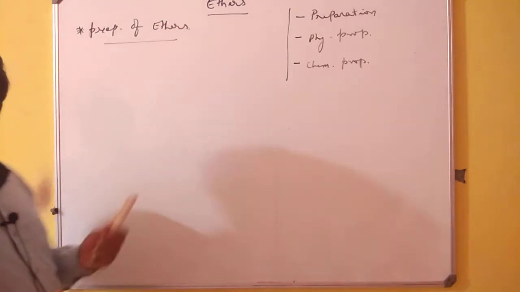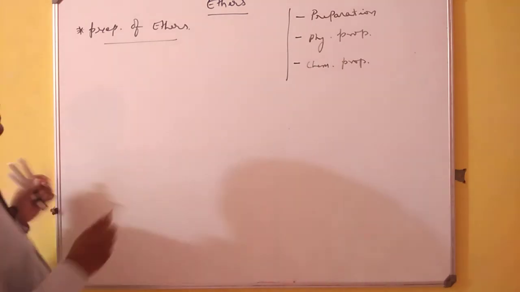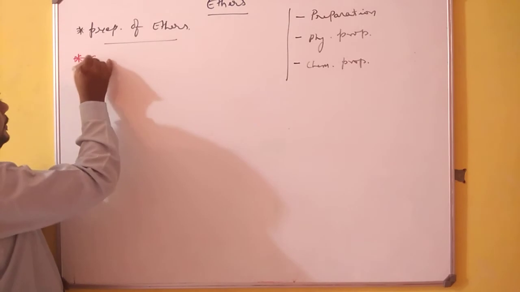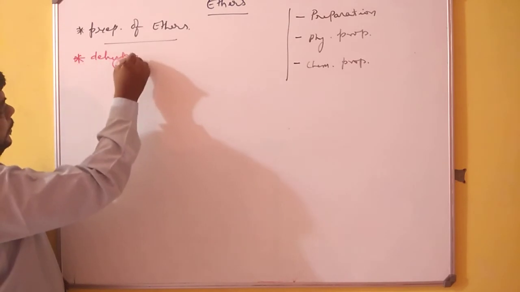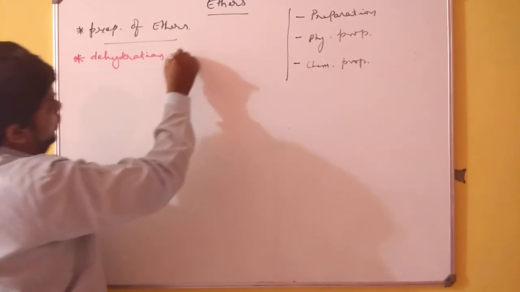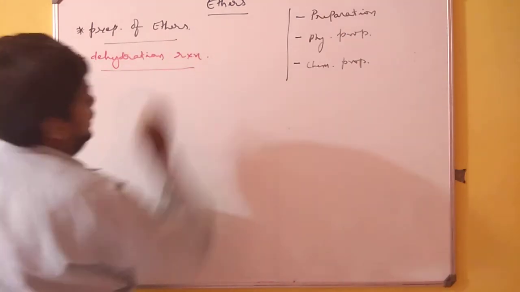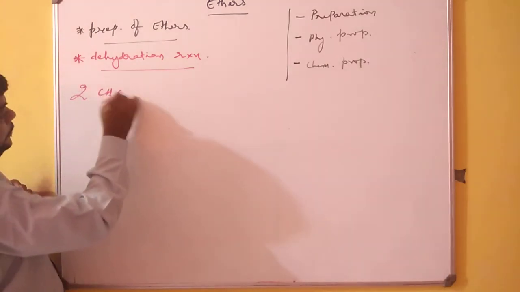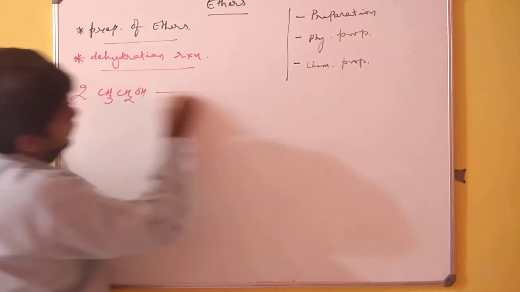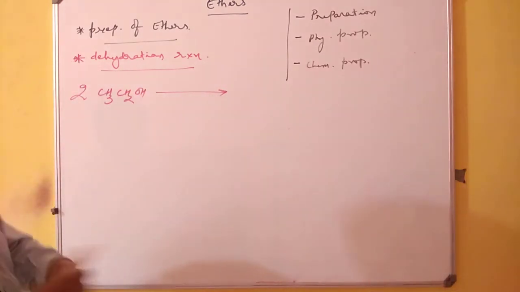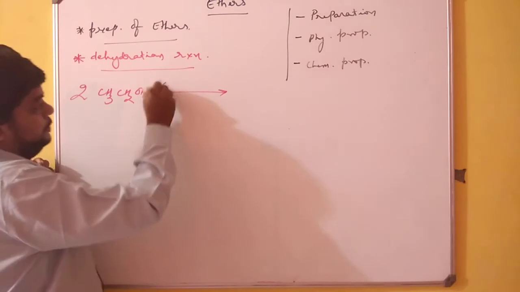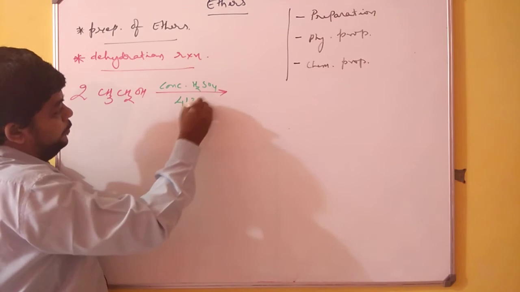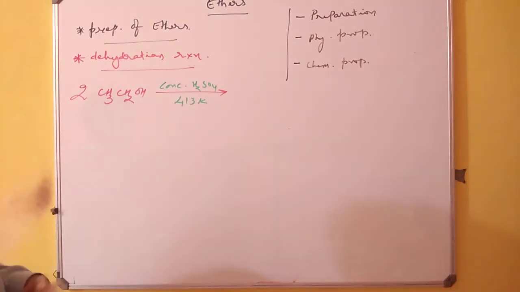Whenever we say preparation of ethers, there are two major reactions which we are supposed to learn, of which the first reaction is known as dehydration reaction, where 2 moles of ethanol combine together in presence of concentrated H2SO4 at 413 Kelvin temperature.